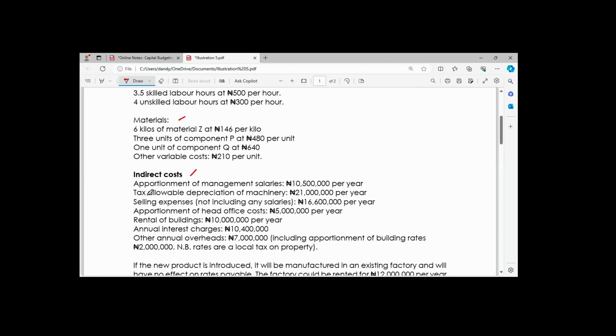Rental of buildings, 10 million naira per year. Annual interest charges, 10.4 million naira. Other annual overheads, 7 million naira, including apportionment of building rates, 2 million naira. And by the way, rates are a local tax on property.